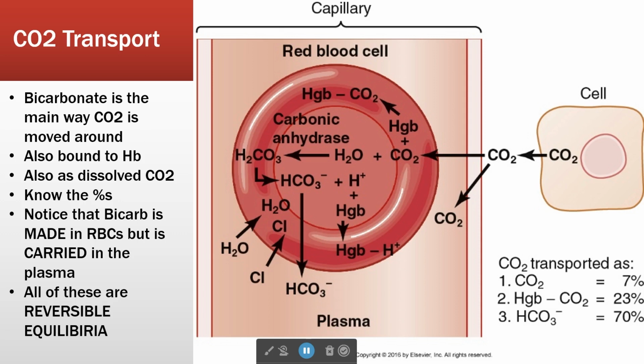And then, of course, the CO2 that's just dissolved in water just reverses. Because the partial pressure of PCO2 in the alveoli is less than it is in the blood, it's going to pop out. It's going to come out of the blood automatically. So these three systems are how we move CO2 around.